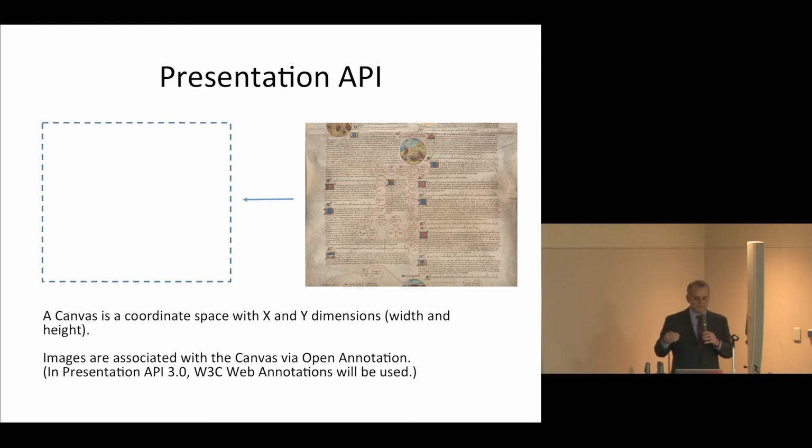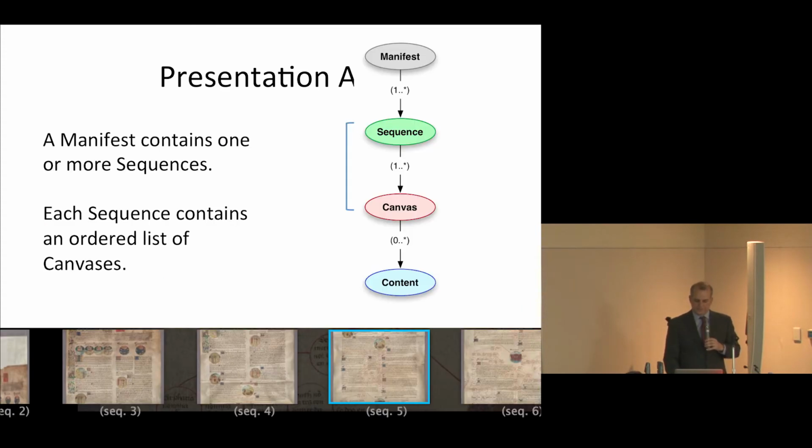In the coming version of the presentation API, we will use W3C web annotations, which is a W3C standard. Each manifest that represents the object contains one or more sequences of these canvases, and each of those sequences gives you the page order view that you would see at the bottom of the screen if you look in Mirador, or in Universal Viewer down the side of the screen.